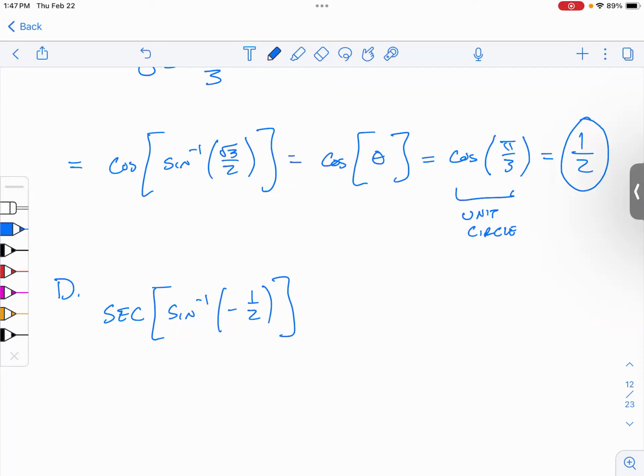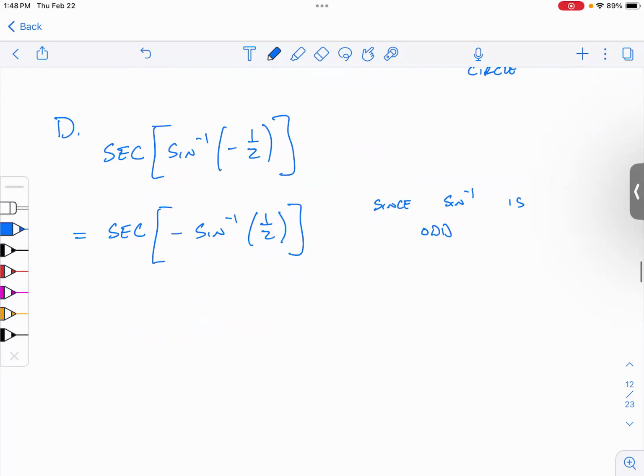So once again, let's deal with that negative. Sine inverse is odd, so that pulls it out to the front.